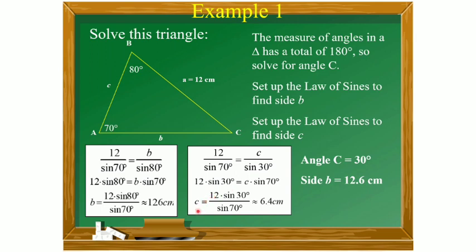We will get C is equal to 12 times sine 30 degrees all over sine 70 degrees. Again, we will round our answer. We will get an approximate value of 6.4 centimeters. So the value of side C is 6.4 centimeters.